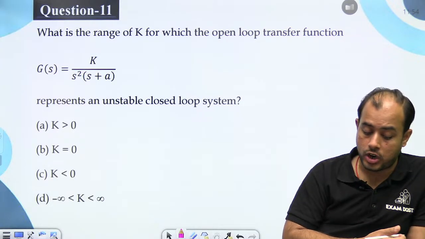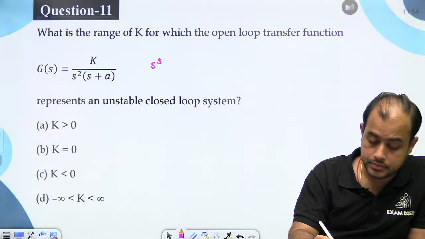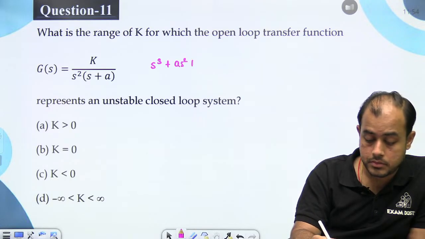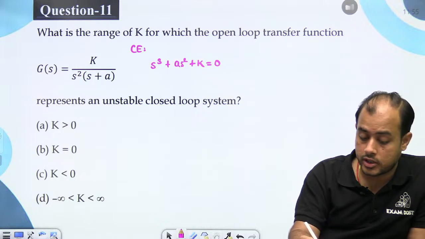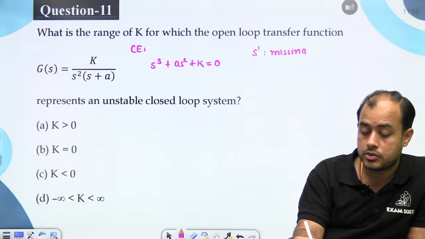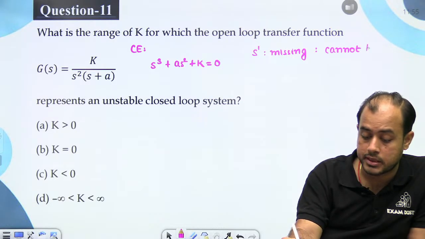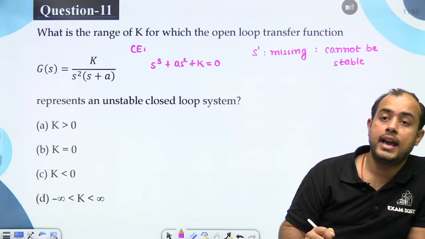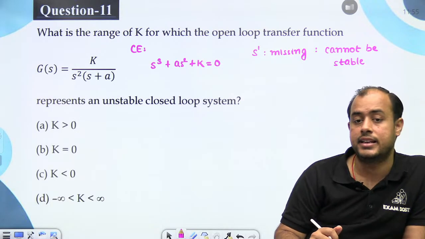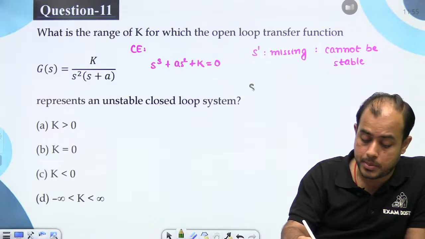Range of K for which it represents the unstable system. ESE 2008. तो देखो, s to the power 1 is already missing. So it cannot be stable. Because for a stable system, all coefficients must be non-zero and have the same sign. सभी coefficient non-zero और same sign के आने चाहिए.